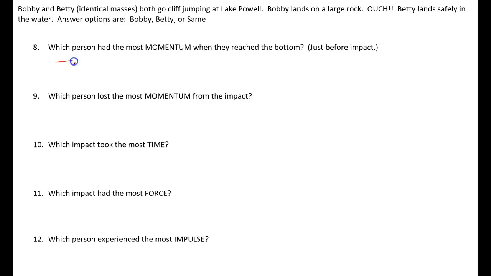Right, so assuming that they both jump from the same cliff with the same mass, you would expect the final momentum, since they have the same mass and jump from the same height, to reach the same velocity. So you would expect the momentum to be the same.